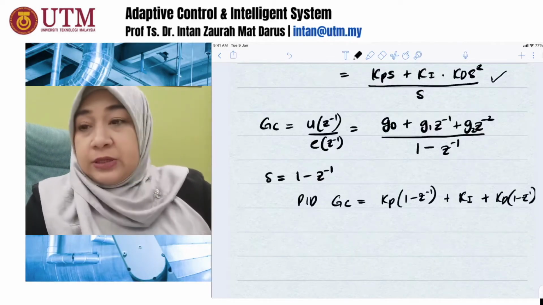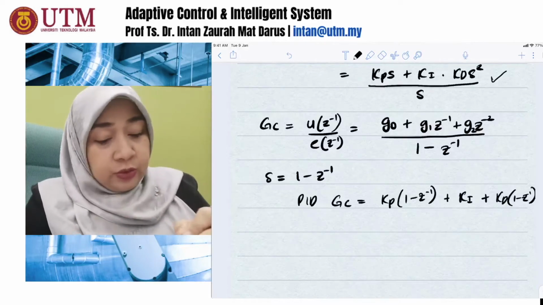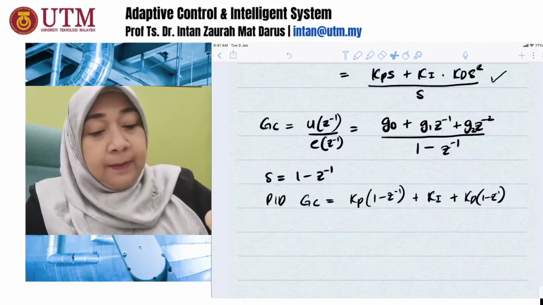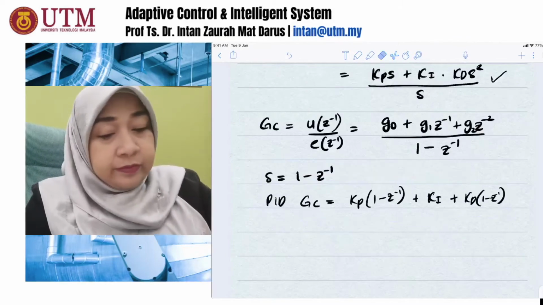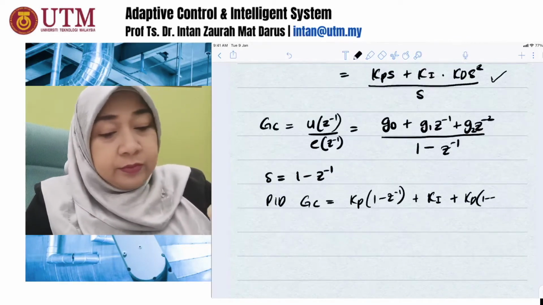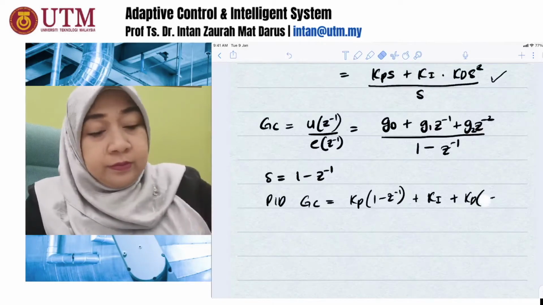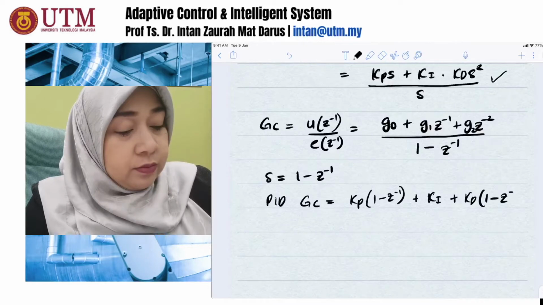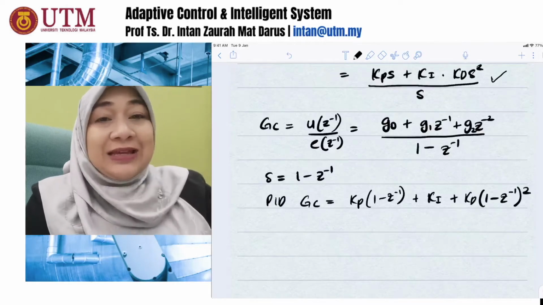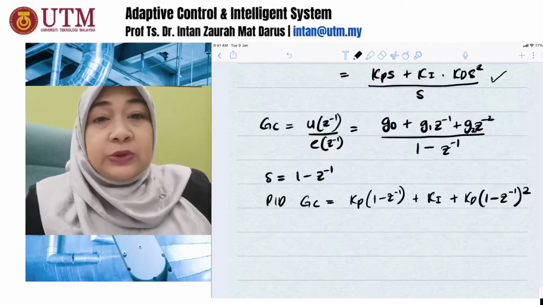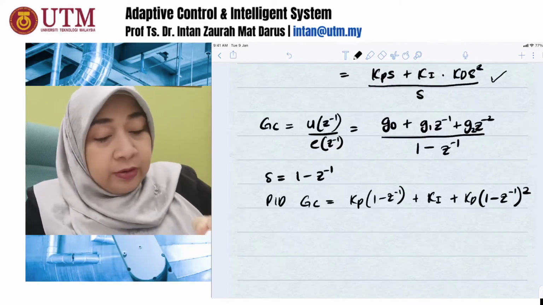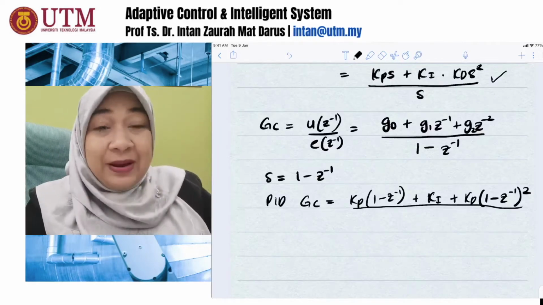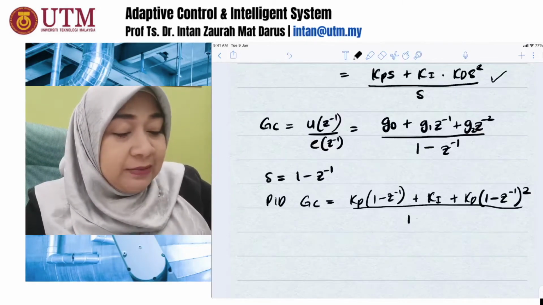Can you see that? The whole thing squared, because you have KD as S squared, so 1 minus z minus 1 also needs to be squared. And the denominator will be divided by 1 over S, so it simply becomes 1 minus z minus 1.